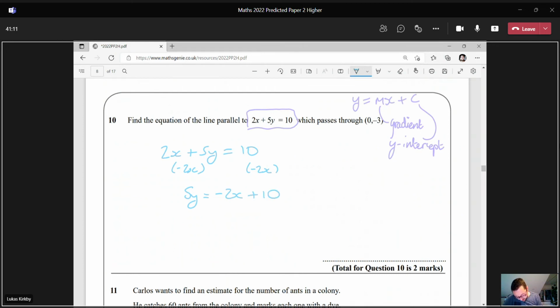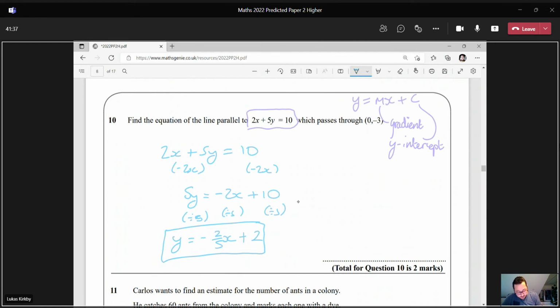And then to get y on its own, I just want to divide by 5, and that's everything divided by 5. So that's going to give you y equals minus 2 over 5 x, plus, and 10 divided by 5 is 2. Okay, lovely. So that is our equation in our nice formula. We've got the gradient and the intercept.